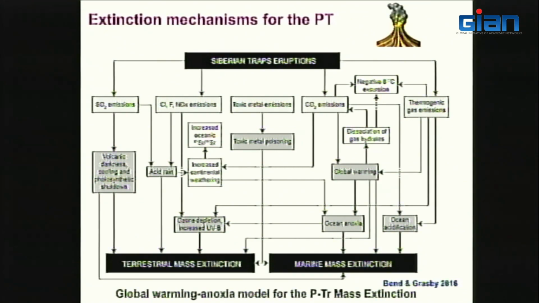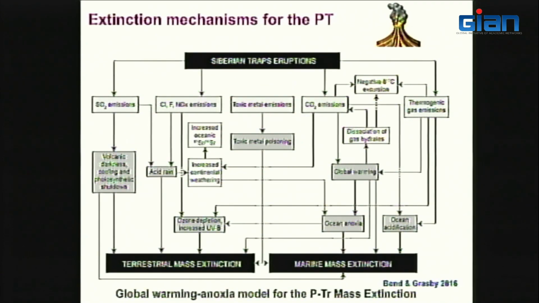And here, the Siberian trap emission will mainly, clearly still also CO2 has something to do, but you have some sulfur dioxide emission and also some lethal gases, which include chlorine, fluorine, and nitrogen, and things like that. And all these things will participate, first the SO2 emission, due to the nucleation of that with the particles, to volcanic darkness and a short episode of cooling, which may more or less explain on land the shutdown of the photosynthesis.